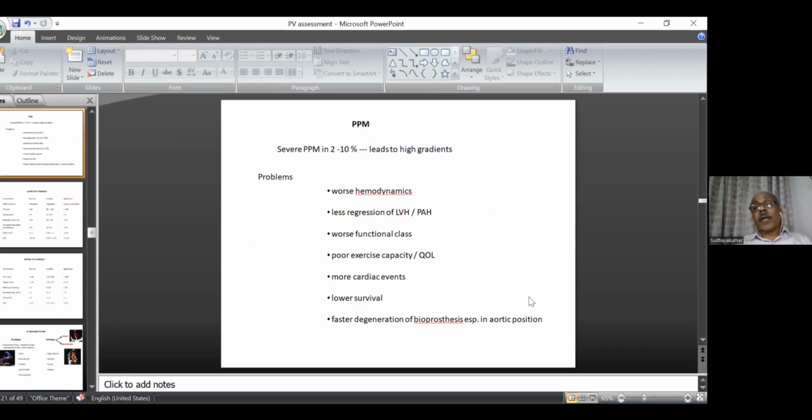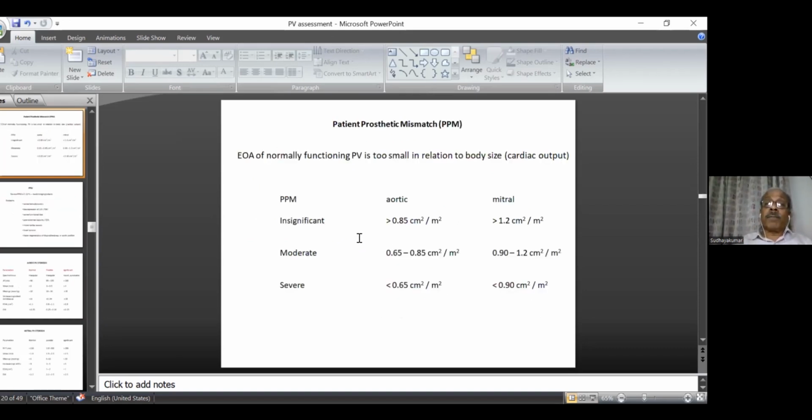And patient-prosthesis mismatch is very important. In the mitral, the area index is less than 0.9 centimeter square per meter square. On the aortic side, less than 0.65. These values you just keep in mind.